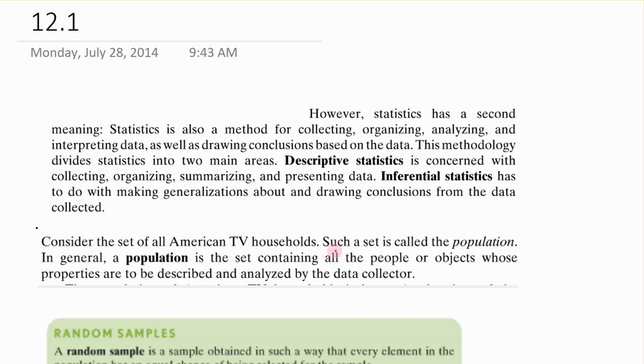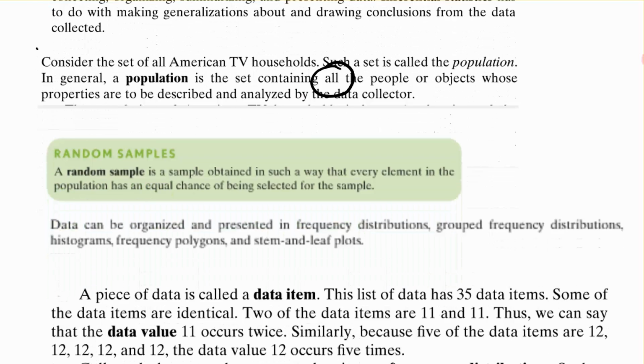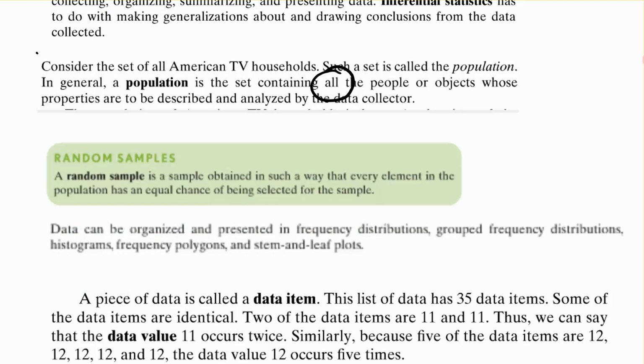And a key word there is all. Now, it would be very, very difficult to study all about most things. So instead, we look at samples. And a random sample is a sample obtained in such a way that every element in the population has an equal chance of being selected for the sample.